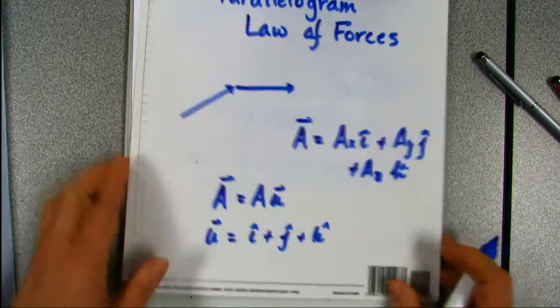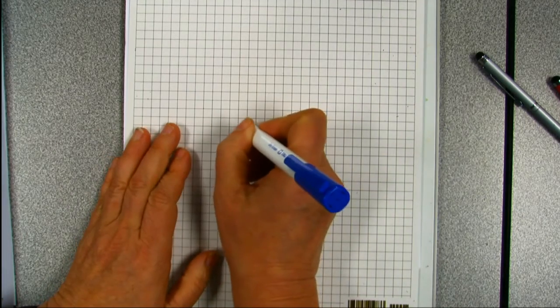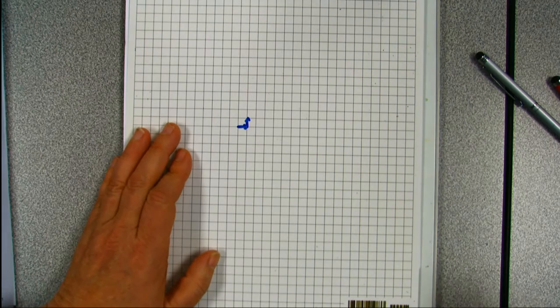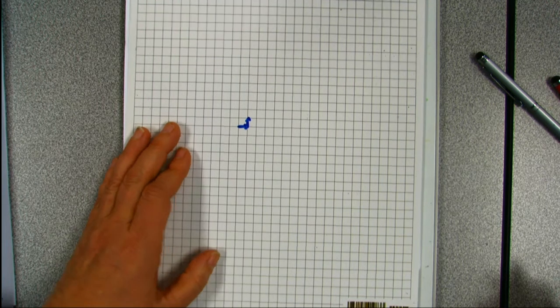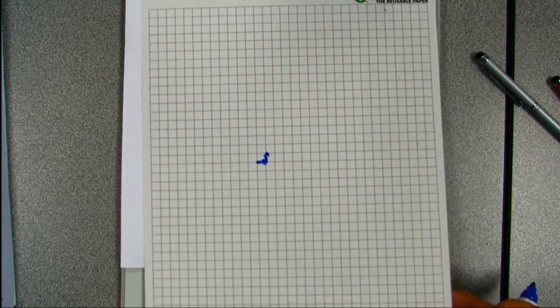So if I'm actually drawing that unit vector, so if I've got my lovely handy dandy grid paper, here's my i and j if I'm in 2 dimensions, and then I've got my k in my 3rd dimension. And I still haven't gotten you your isometric paper yet. But you will want to get isometric paper because it's going to help you out a bunch.